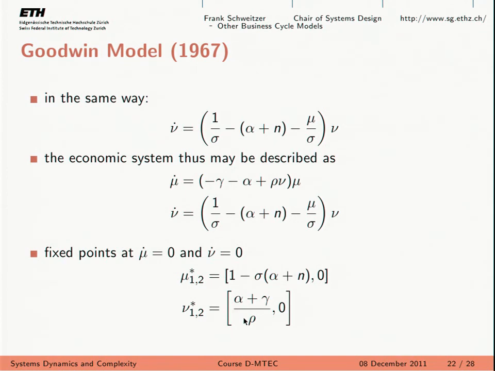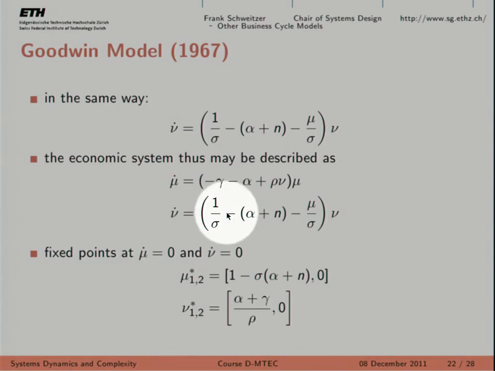So one obvious fixed point, so just set these two derivatives to 0. One obvious fixed point is 0, 0, right? If mu is 0 and v is 0, everything is fine. The derivatives are 0. This is a trivial fixed point, so we're not so interested in it. Another fixed point would be obviously when the expressions in the brackets are 0, this one and this one, right?